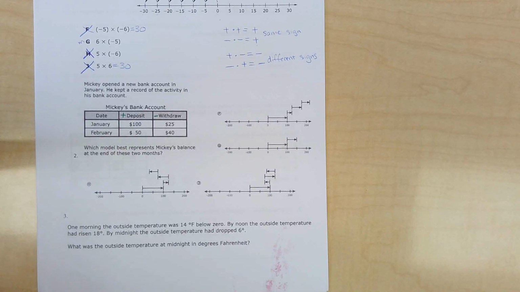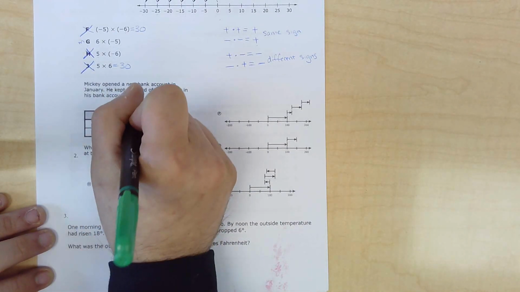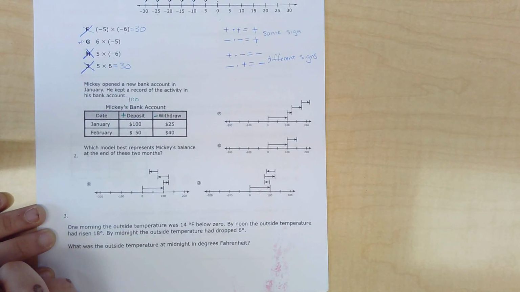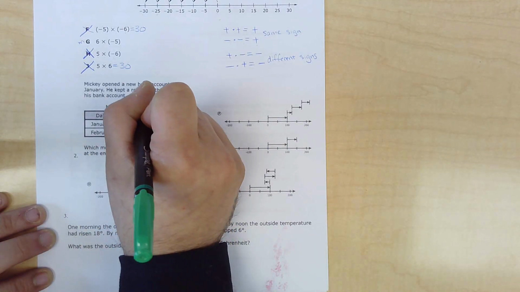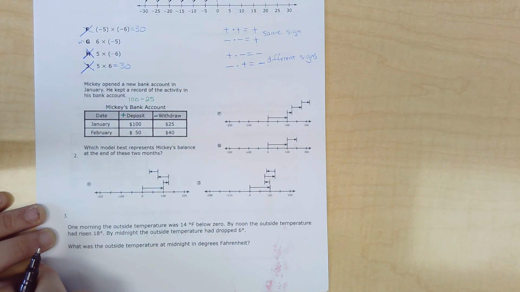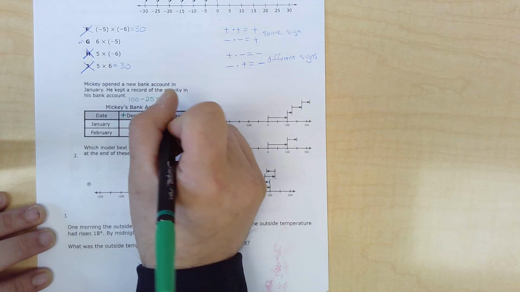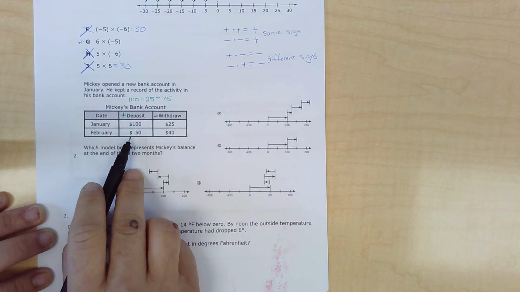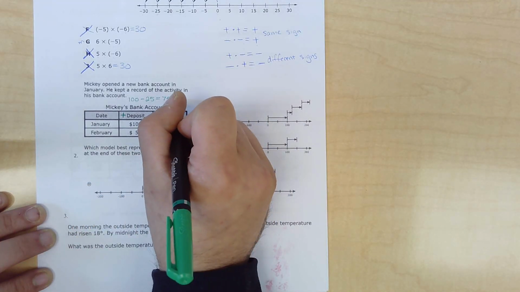So in January, he deposited $100. That's going to give me a positive 100. But he withdrew $25. 100 minus 25, that's going to give us 75. Then in February, he deposited $50.